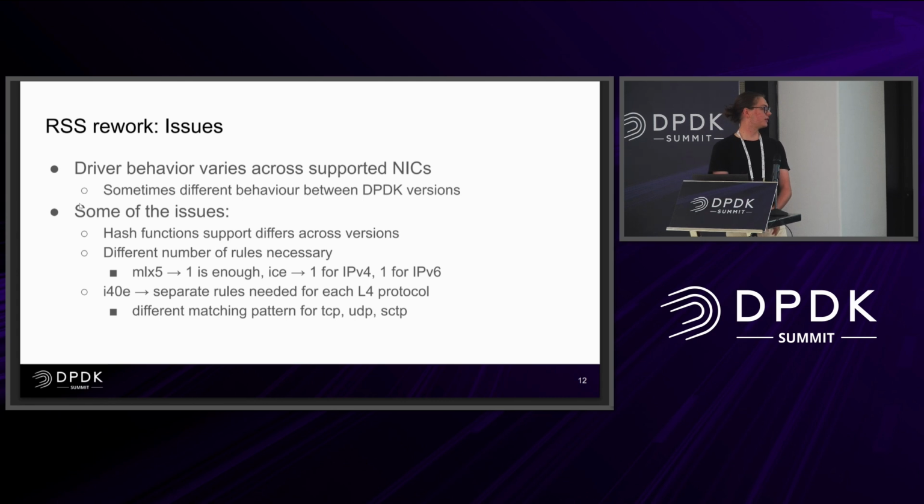But for the I40E, there is a separate rule for each IPv4 combination with each L4 protocol and a different rule for each IPv6 combination with all the L4 protocols we support. So yeah, that was about the RSS stuff we did.